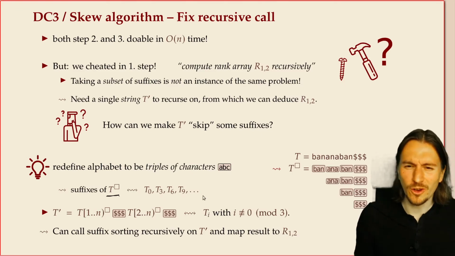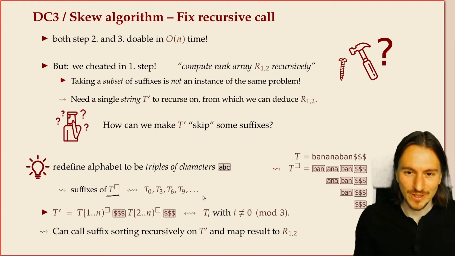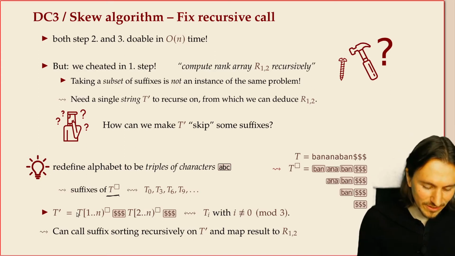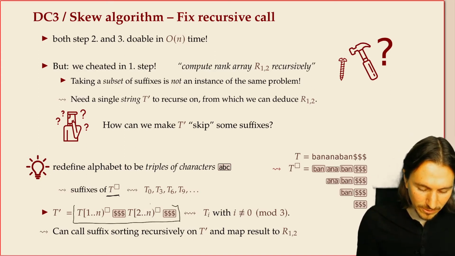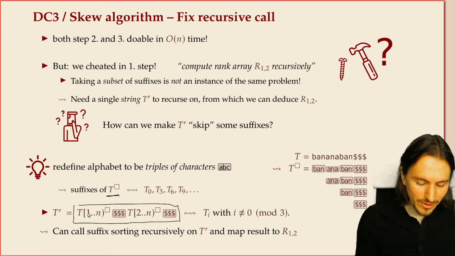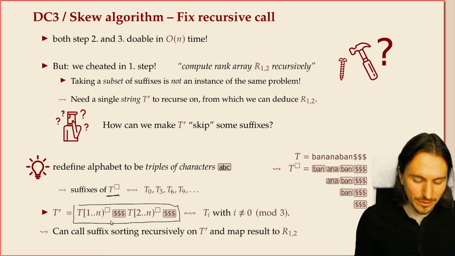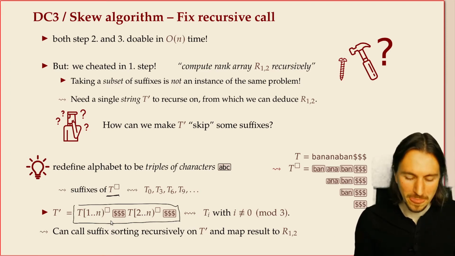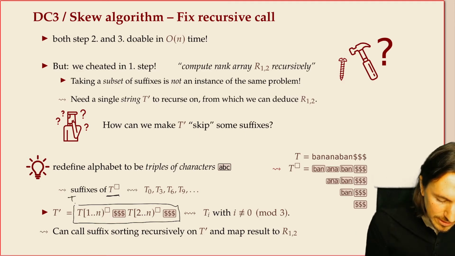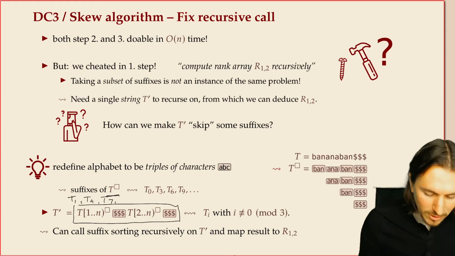We want to recurse on all others, so you have to apply a slight additional trick. And the trick is this. Instead of the original text, you generate this weird text where you take the suffix of T, where you start at the first position, and take the box version of that. So that would give you T1 and T4 and T7 and so on.